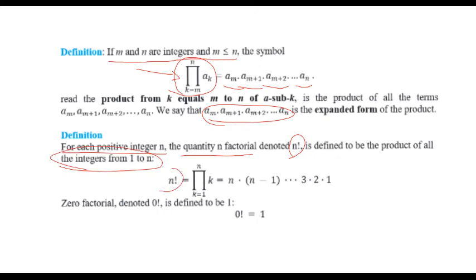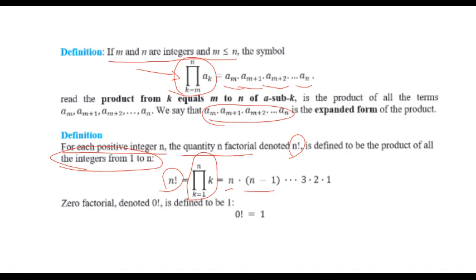So n factorial is the product of k from 1 to n of k, and the expanded form is n times n minus 1 times n minus 2 all the way to 3, 2, and 1. So if you multiply the first n positive integers, you will come up with n factorial, okay?